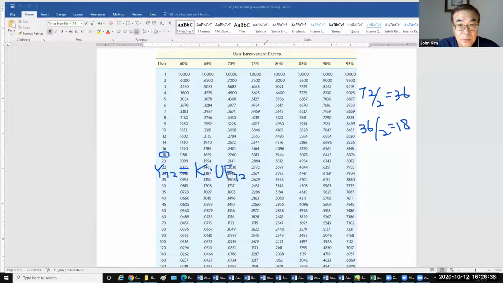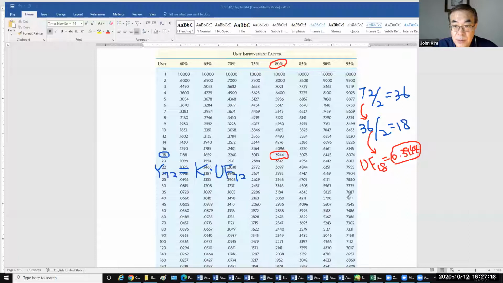So for 18 units, the unit factor is this one, at 80%. So unit factor 18 equals 0.3944. So if you find this one, then from 72 to 18 is divided by 2 two times.